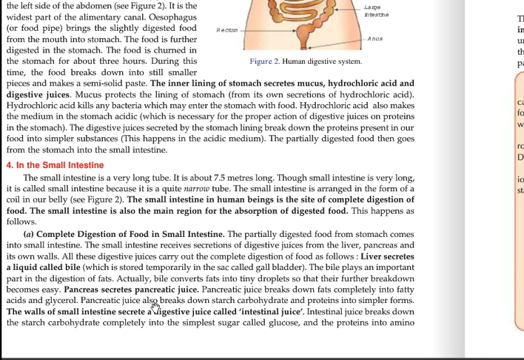And this pancreatic juice also breaks down the starch, means carbohydrate, and proteins into simpler form.